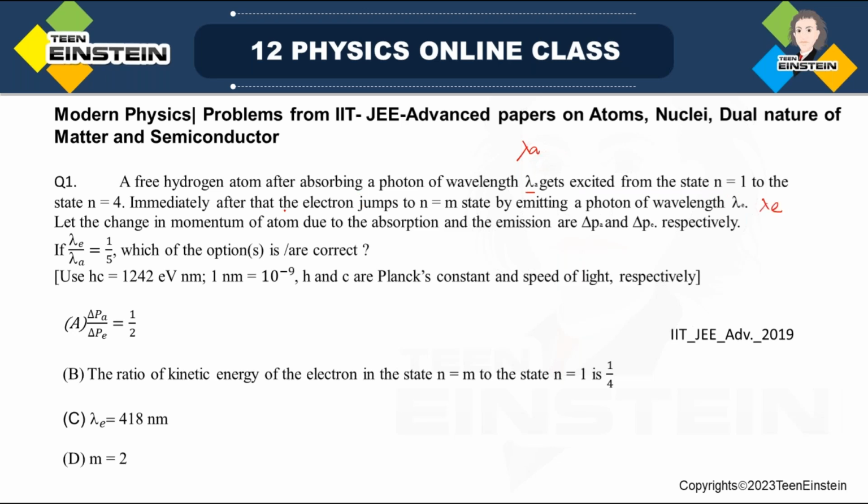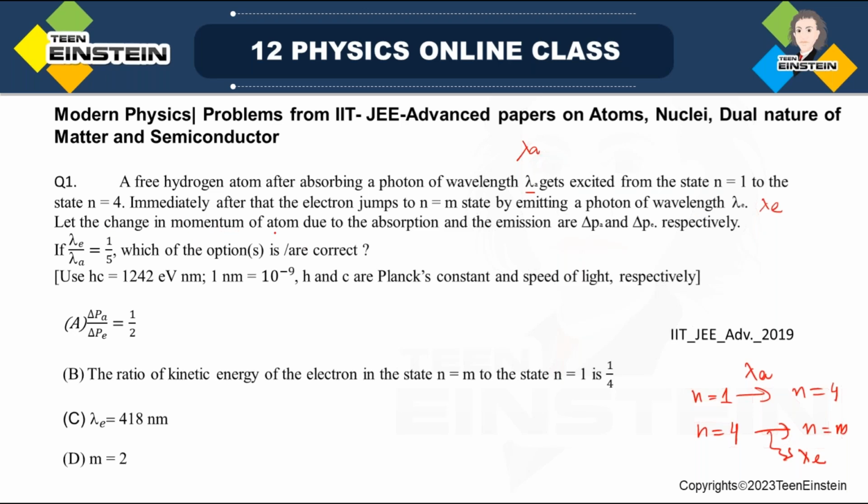So that means there was a hydrogen atom in the ground state, n equal to 1, then it gets excited to the n equal to 4 state after absorbing radiation of wavelength lambda a. Thereafter it gets de-excited to some state n equal to m, and during that it is emitting a radiation of wavelength lambda e.